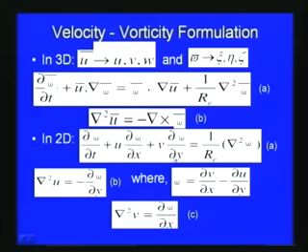Corresponding to the other equation, in two dimensions we can write del square u is equal to minus del omega by del y, and del square v is equal to del omega by del x, where omega is equal to del v by del x minus del u by del y. So, these equations give the velocity vorticity formulation for the Navier-Stokes equation in 3 dimensions and 2 dimensions. Here we have some advantages, like now the pressure is not directly coming.